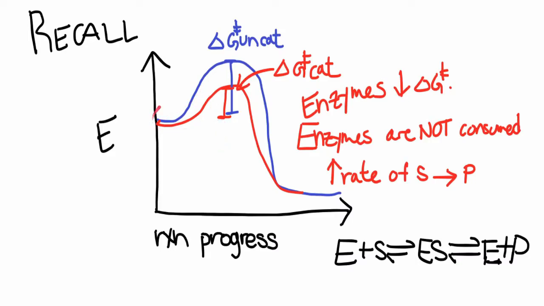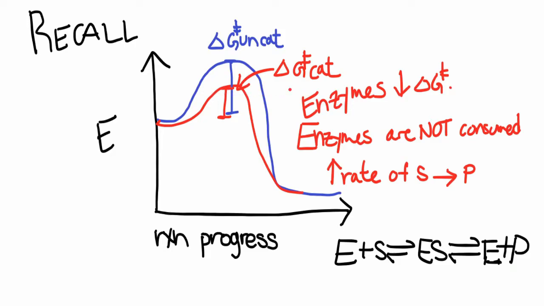So the difference between this starting point and this transition state here. With the delta G double dagger uncatalyzed, we see that this change in energy is quite large as opposed to this red curve here, where the delta G double dagger catalyzed has a lower activation energy.